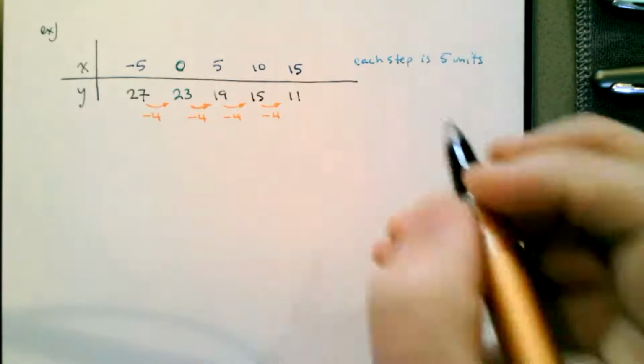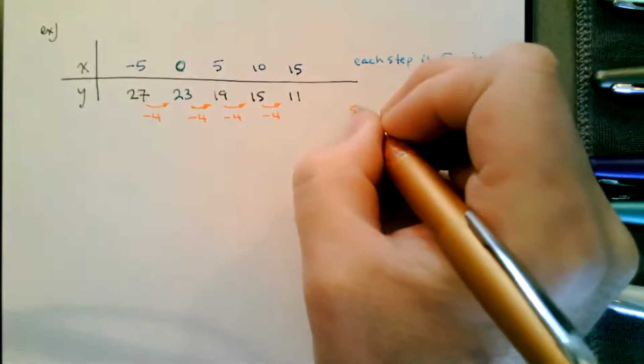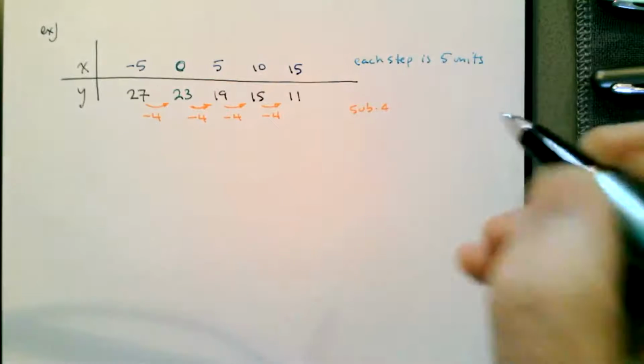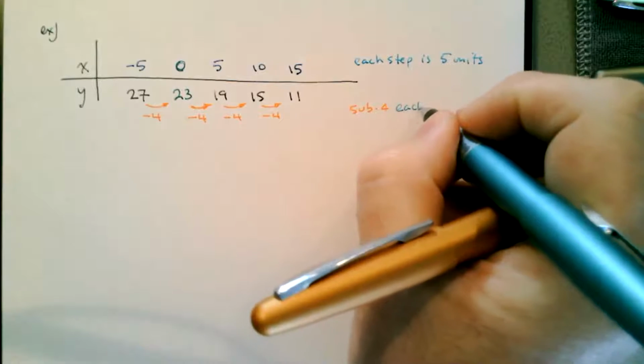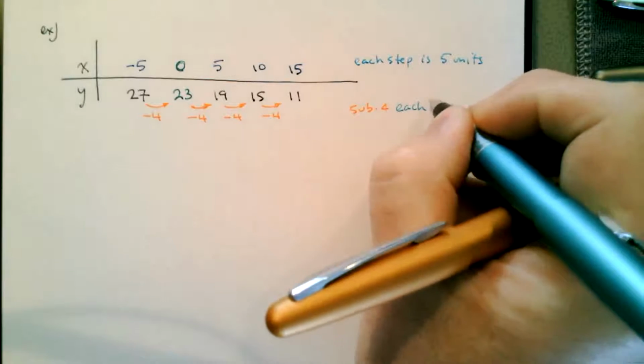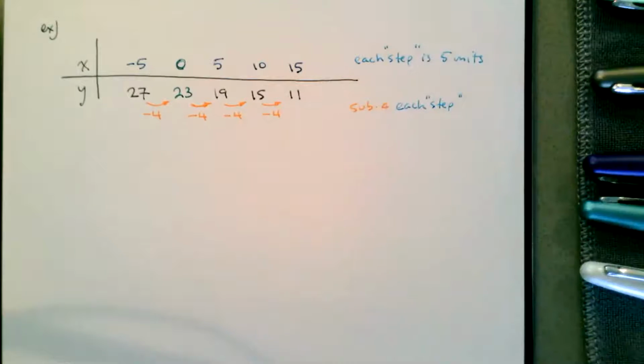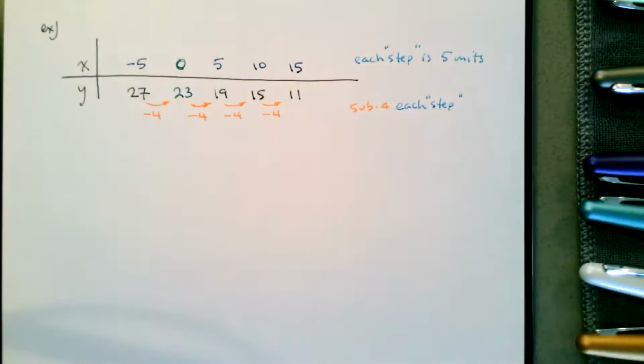We're still subtracting 4 at each step. Step is a little bit of a fishy word. We're still subtracting 4 each step, but now each step is 5 units.